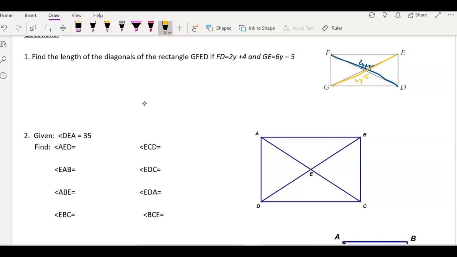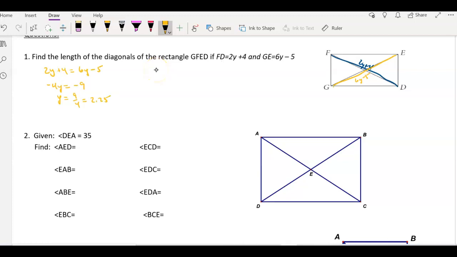Well, we know the diagonals are congruent, so we're going to take their measures, 2y plus 4, set them equal to each other, 6y minus 5. So negative 4y is equal to negative 9. So y is equal to 9 over 4, which is 2.25.